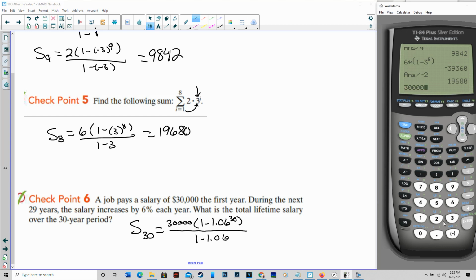Let's get the numerator, and then we'll divide by 1 minus 1.06. And we end up with 2,371,745, and let's go 59 cents.